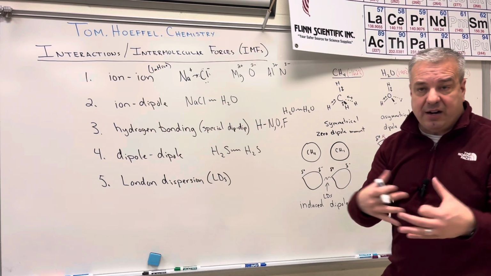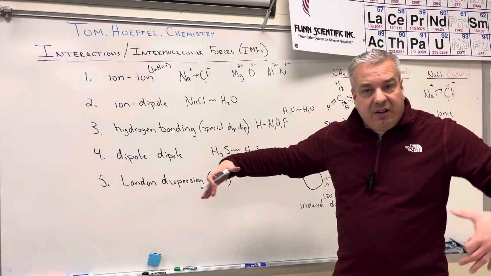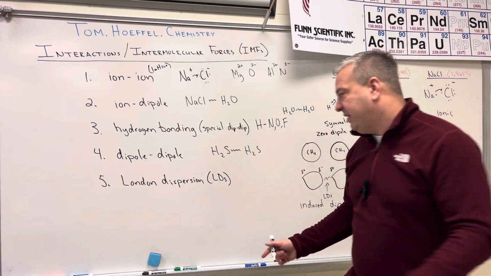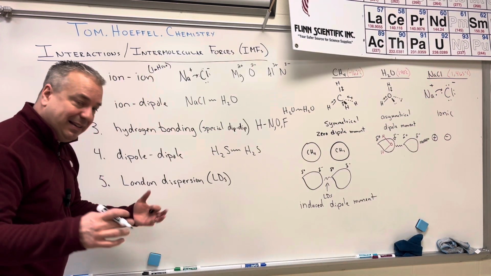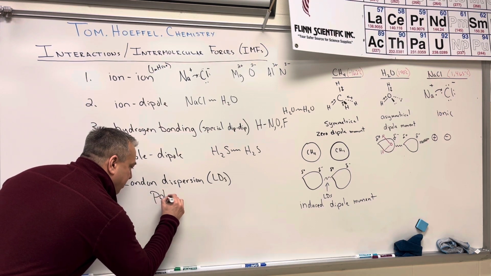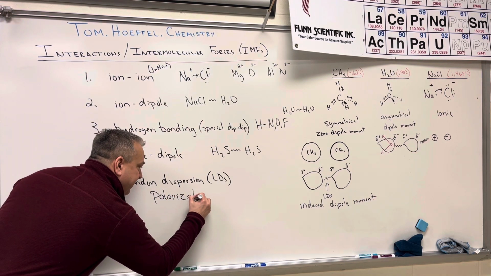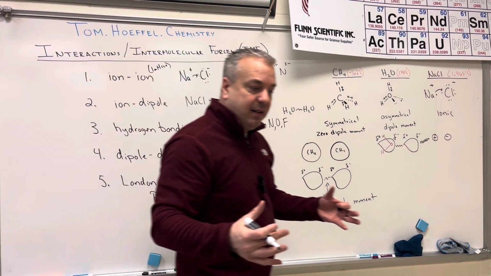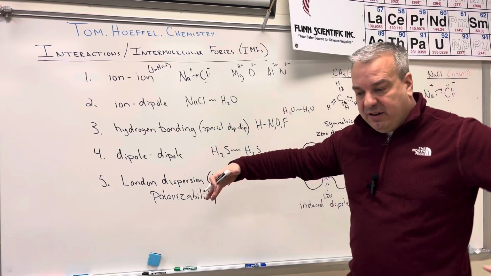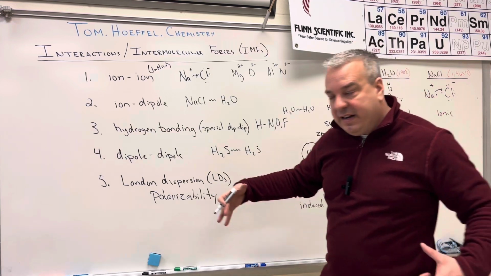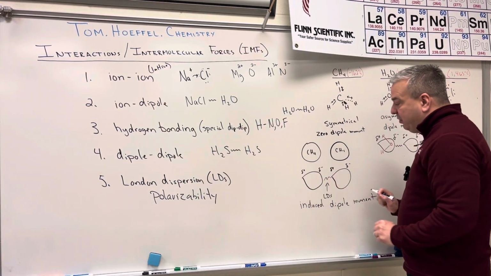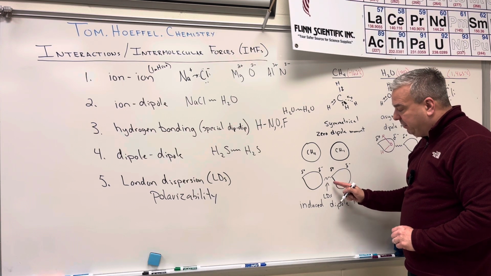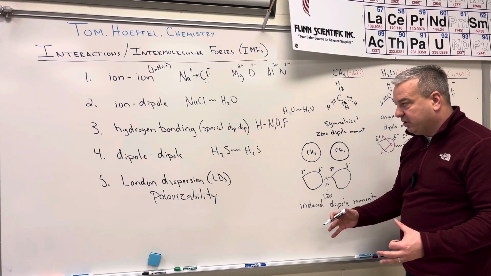The more electrons you have, the more the ability to distort the electron cloud is increased, and the word for that, which is kind of technical, is called polarizability. So things with large molar mass, with lots of electrons, their electrons can be distorted more easily, creating these induced dipole moments, and therefore have a small intermolecular force called London dispersion forces.